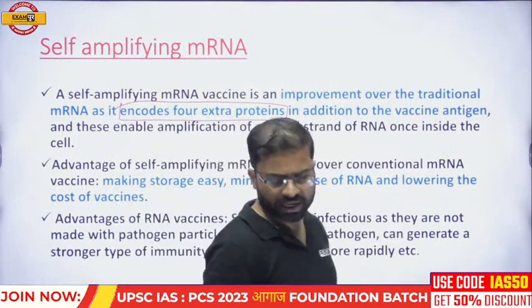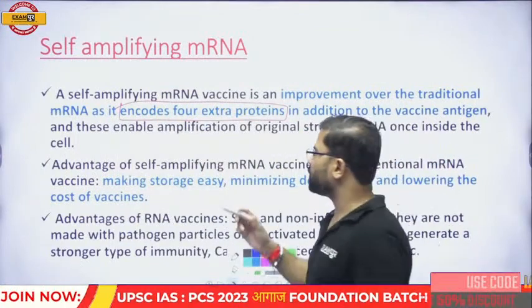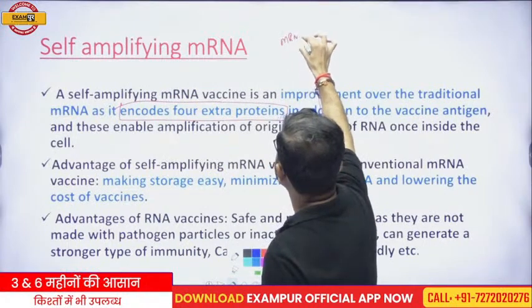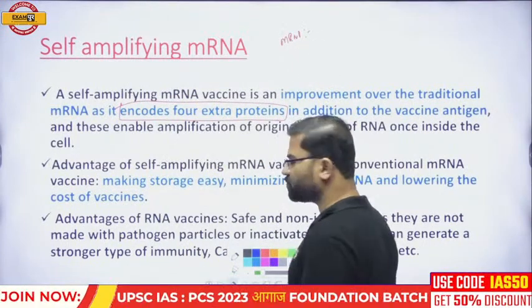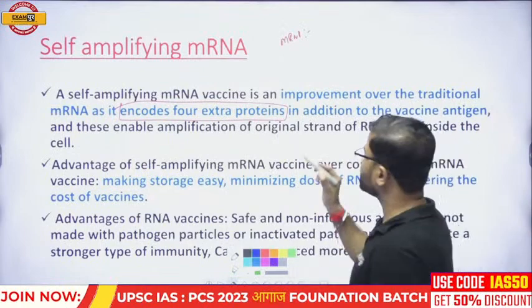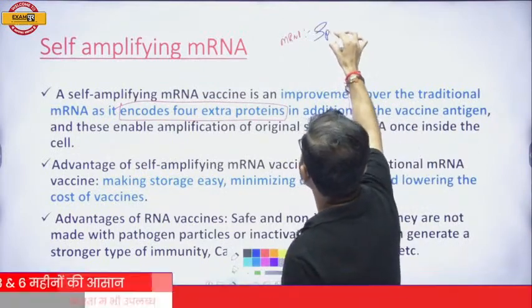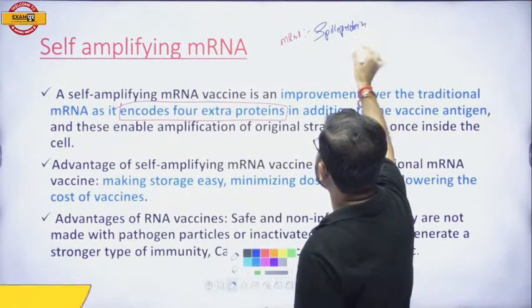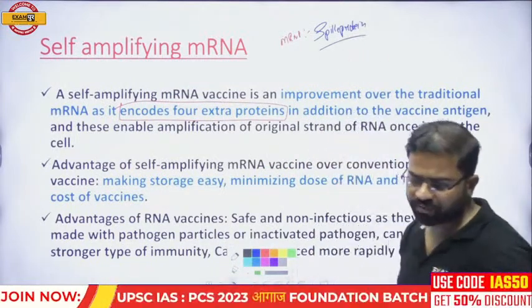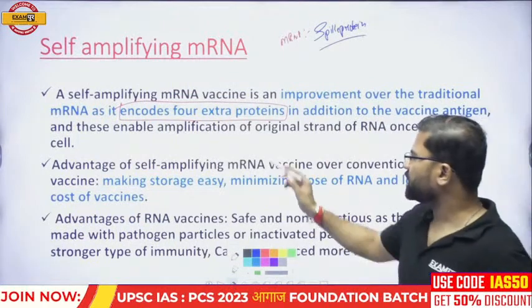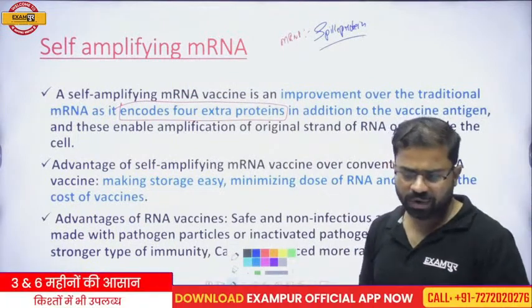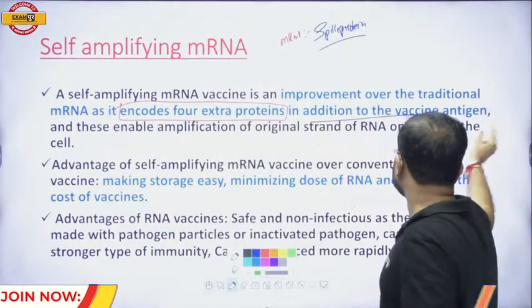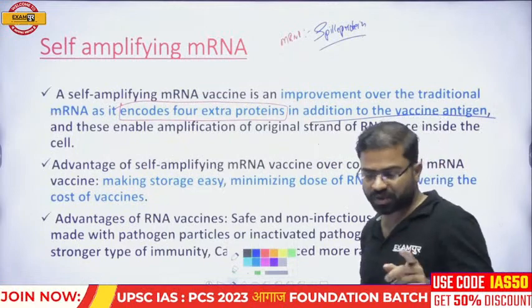When you talk about mRNA, we are particularly dealing with only one type of protein, that is the spike protein, ठीक है ना? But अगर आप बात करते हैं self amplifying mRNA, तो यहाँ पे it encodes 4 extra proteins in addition to the vaccine antigen, in addition to spike protein.